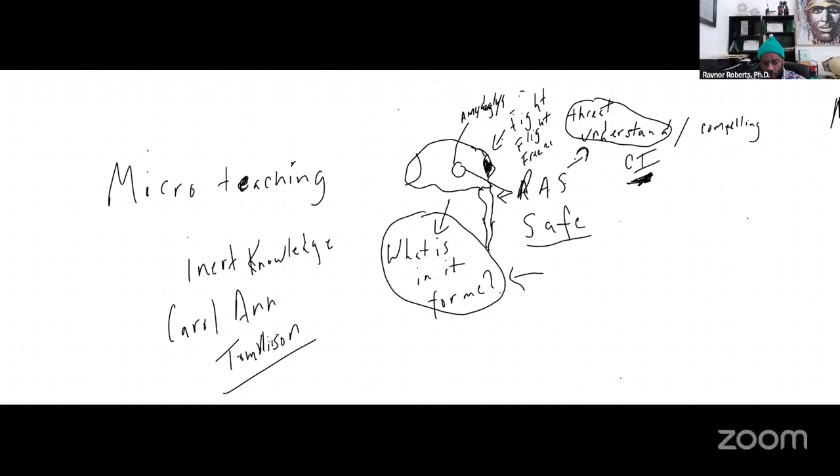Age and history. How your age and the time in which you were born, your generation, where you were born, the culture, the technology, all these things affect how groups of people and individual people see the world and rationalize the world.